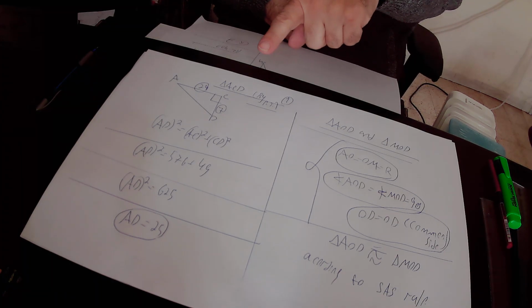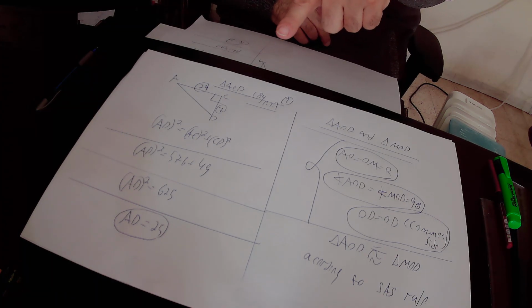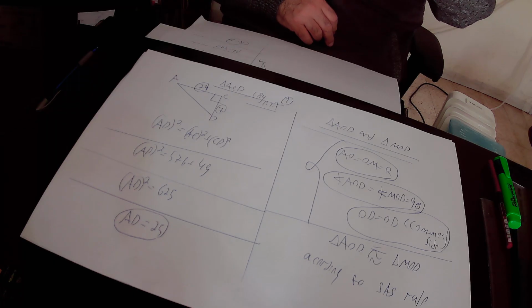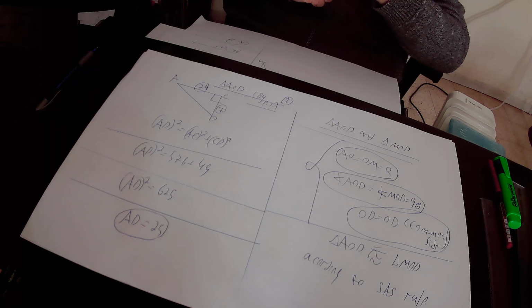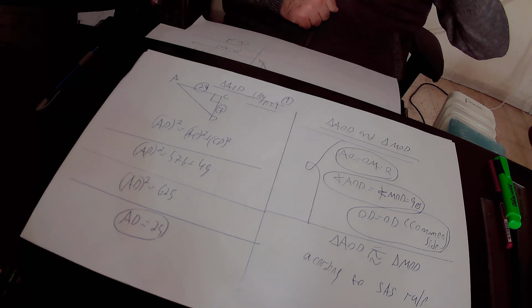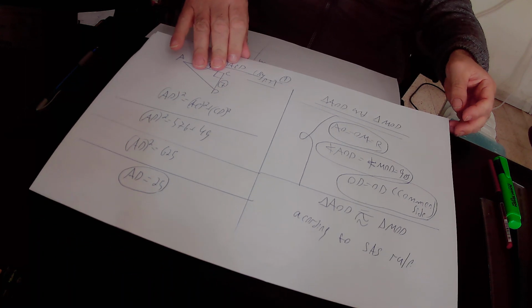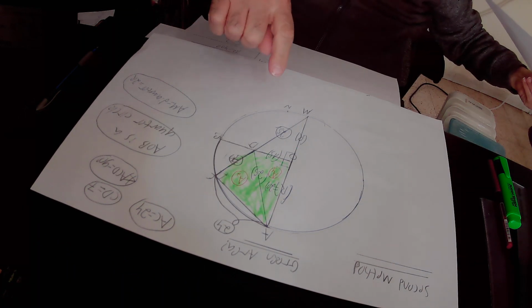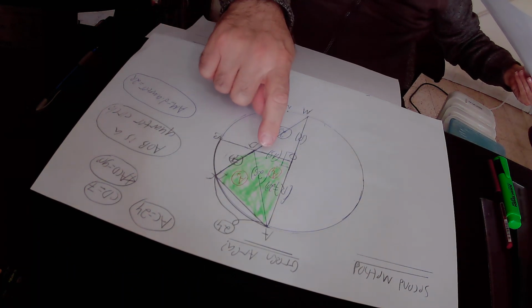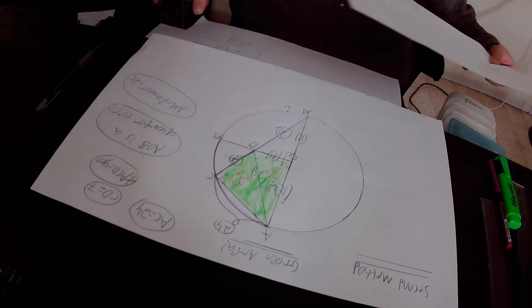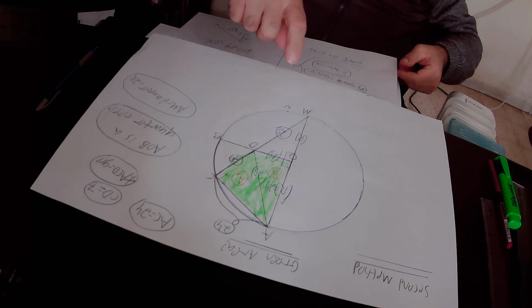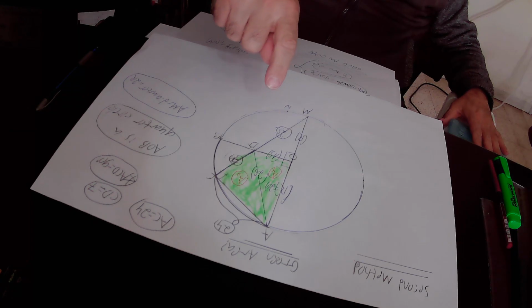So AD squared equals 576 plus 49, that is 625. We took the root and found that AD equals the square root of 625, that is 25. So the length of the hypotenuse AD in the right triangle ACD equals 25 units.